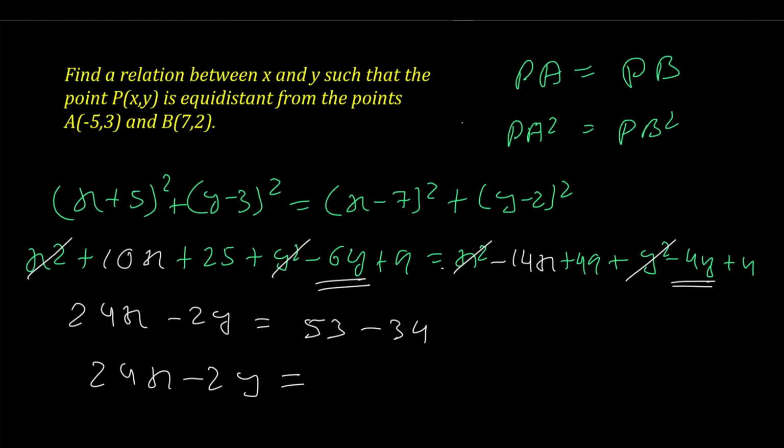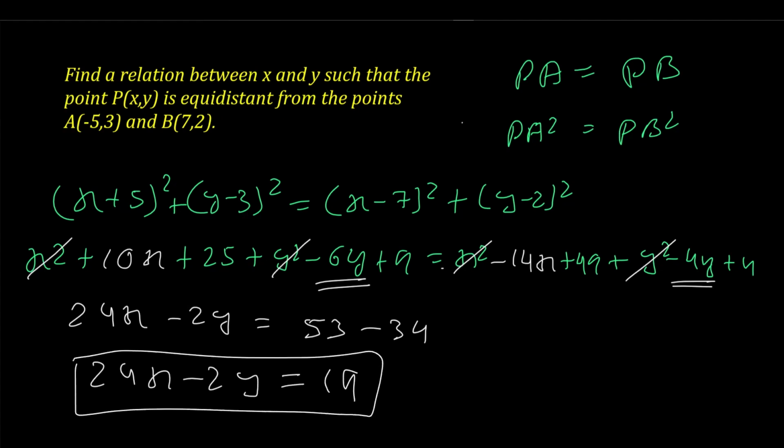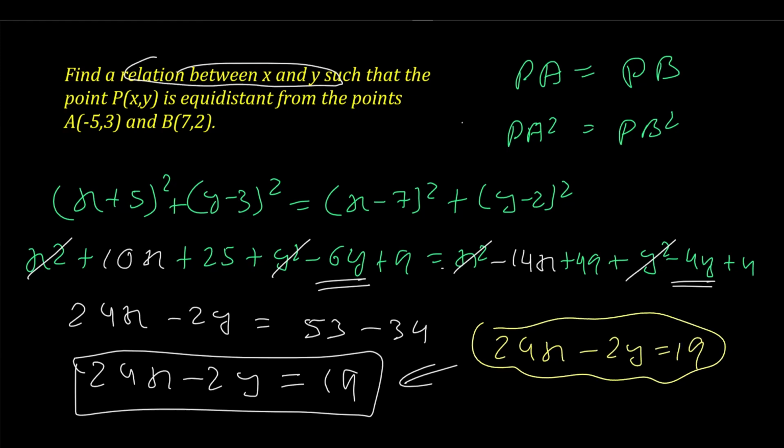Can this be simplified? No, this is coming as 19. We'll say this is the relation between x and y. We just have to obtain a relation, and here the relation is a linear equation in terms of x and y. You simply write this as 24x minus 2y is equal to 19, which should be the answer for this part.